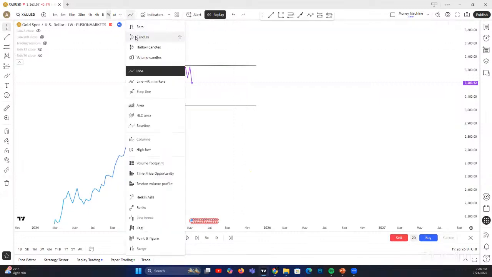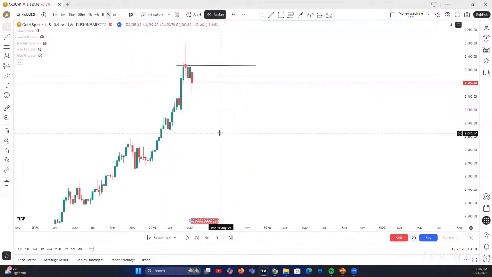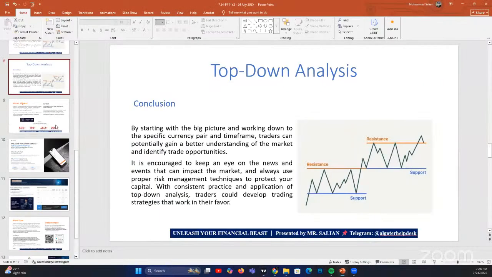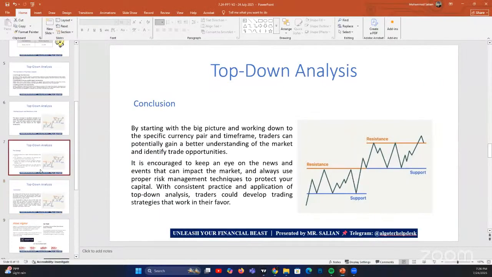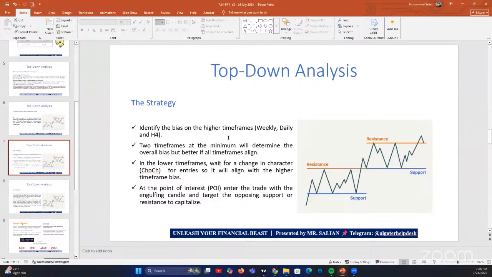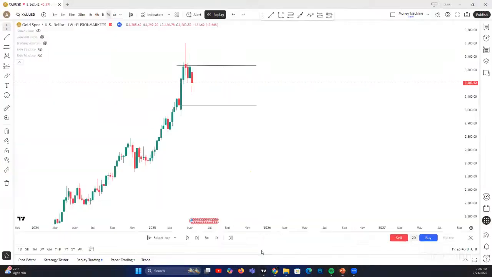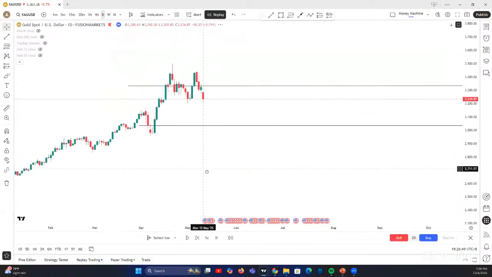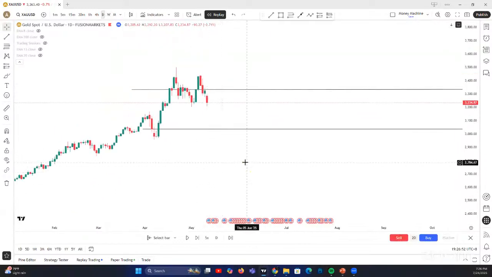Okay, now what to do? Let's check the steps. Identify the bias on the higher time frames: weekly, daily, and H4. Okay, let's do that. Weekly is done. Go to daily. Now you see more structure, right?